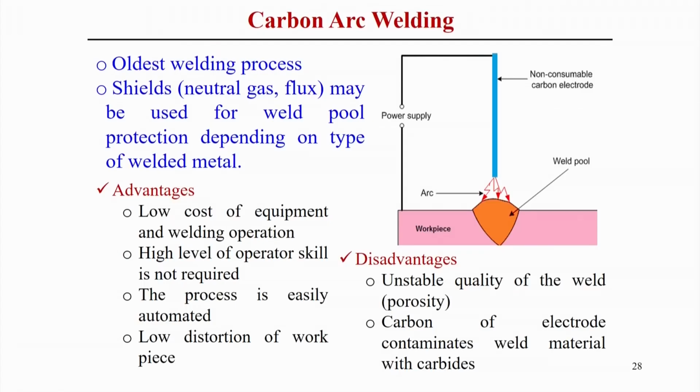The basic principle is the same as other welding processes: the workpiece and power supply, and the arc is created between the workpiece and a non-consumable carbon electrode, and it produces the weld pool.